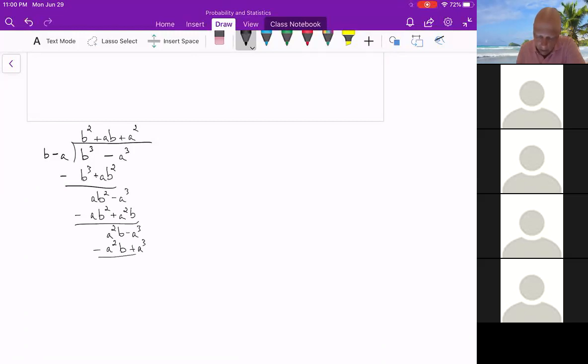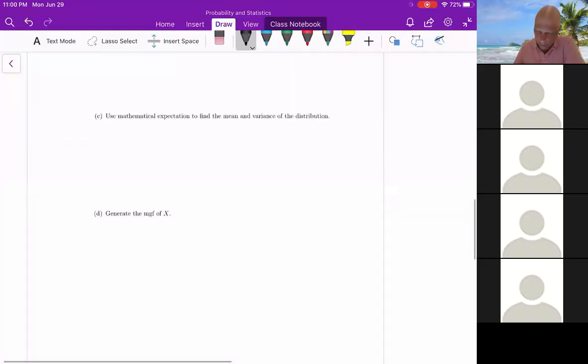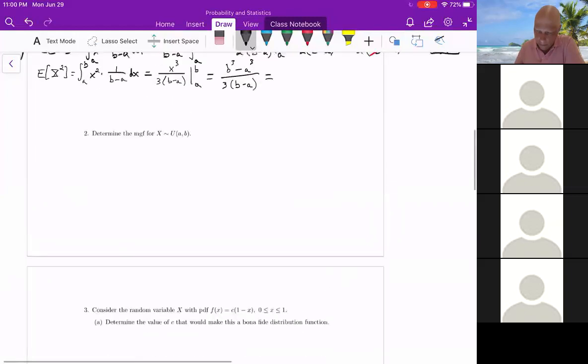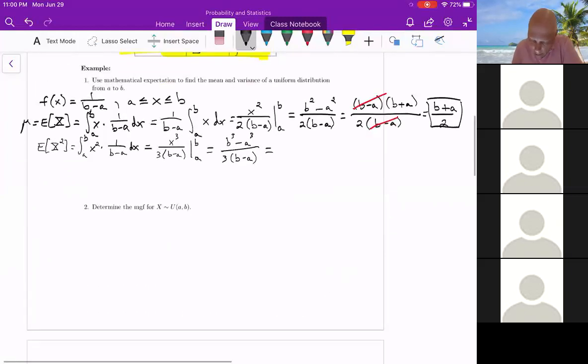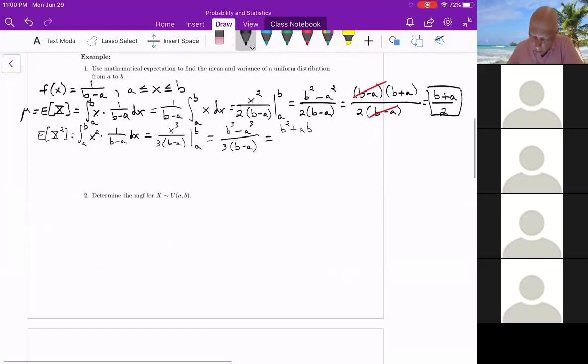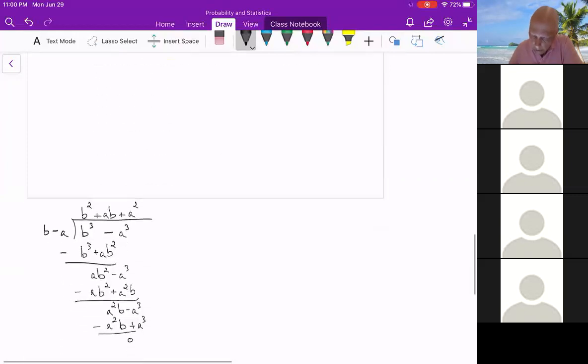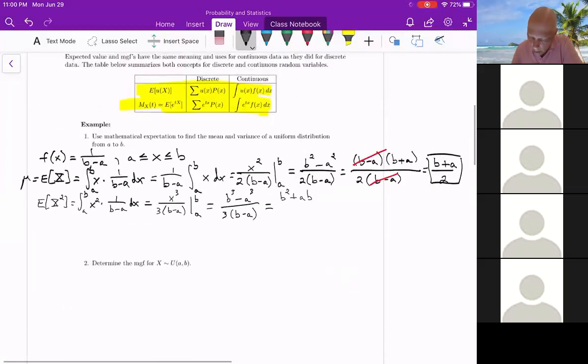Subtract this from above, and I get a remainder of 0, which means that this is b squared plus a b, I think it was just ab, yeah, plus a squared over 3. That is our second moment.